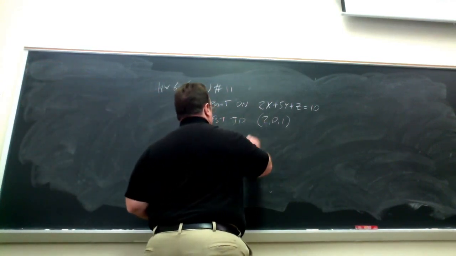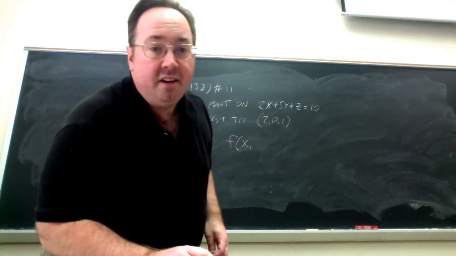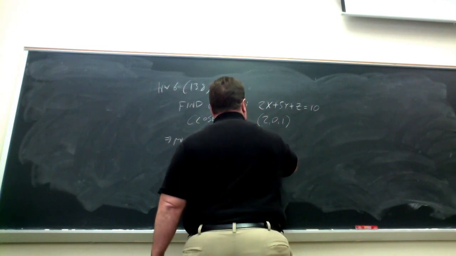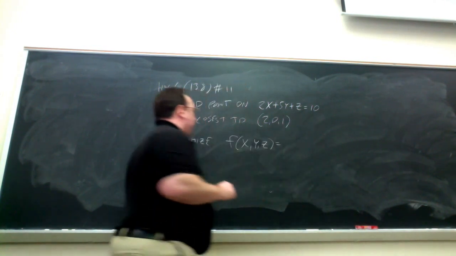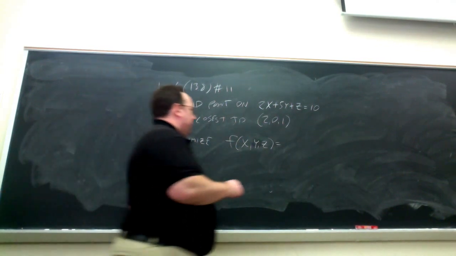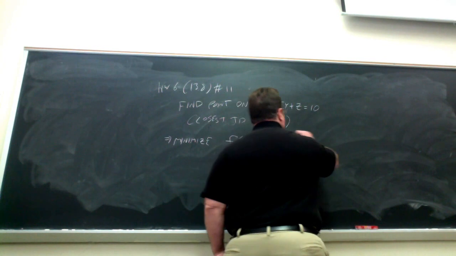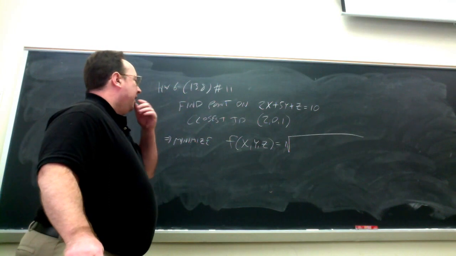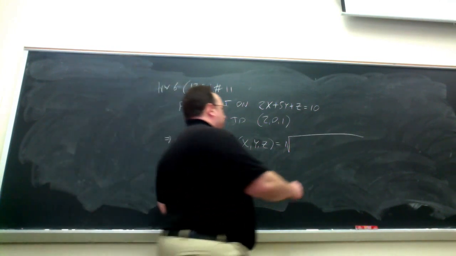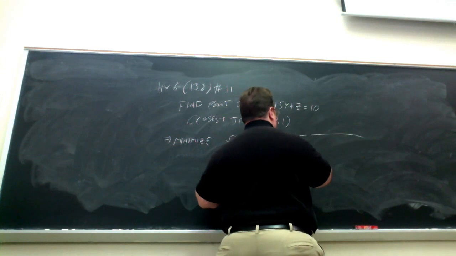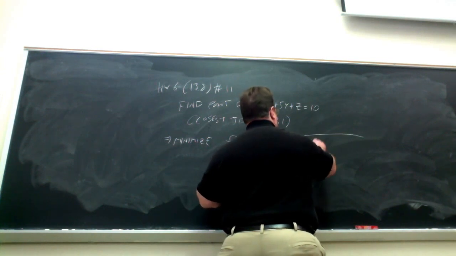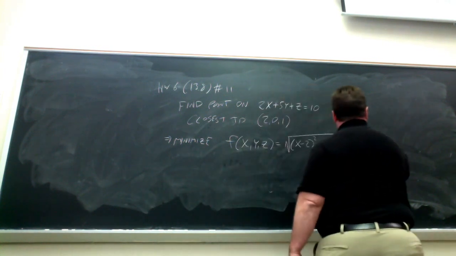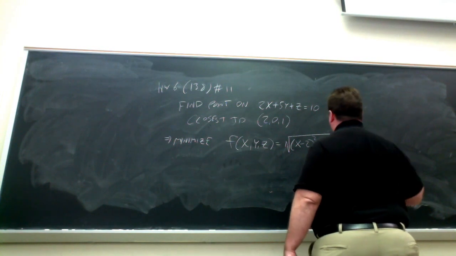So your function f(x,y,z) is going to be, if you think of this as distance from the point 2, 0, 1, you can start arriving at a formula: x minus 2 squared plus y minus 0 squared plus z minus 1 squared.